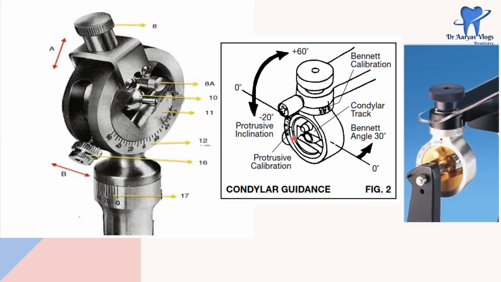And also it can be adjusted on the vertical axis from 0 sagittal to 30 degrees. And this angle is called progressive Bennett angle. It corresponds to the medial wall of the patient's fossa. So this is the condylar assembly.